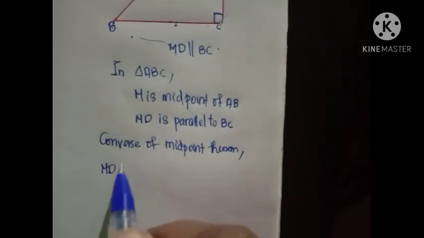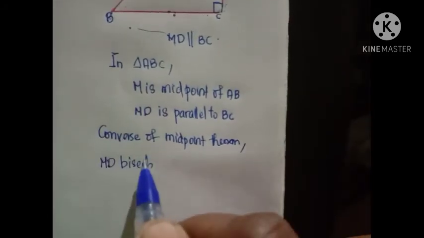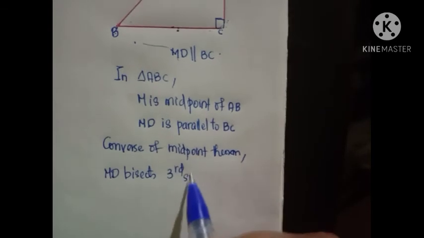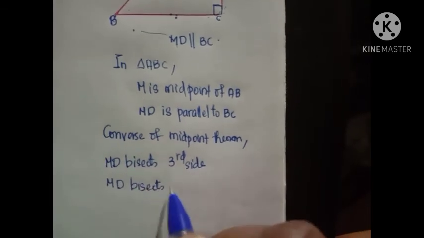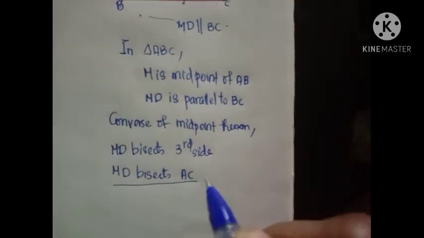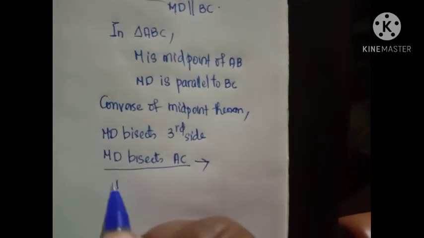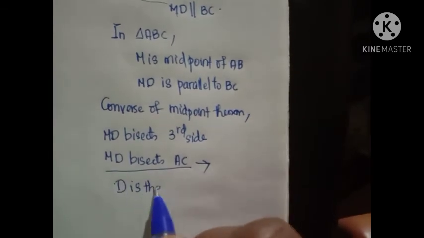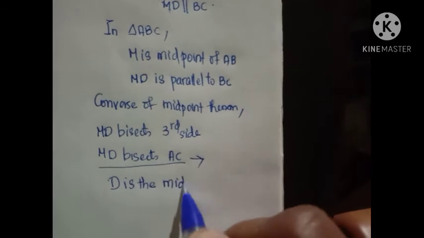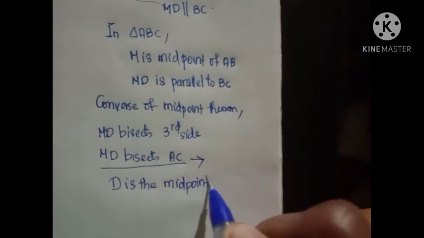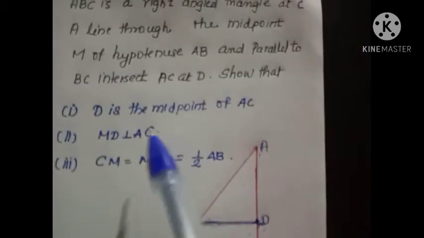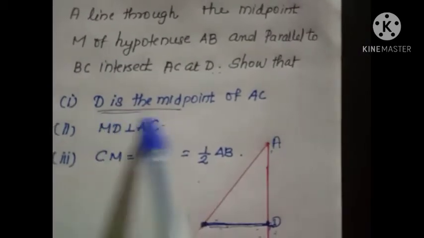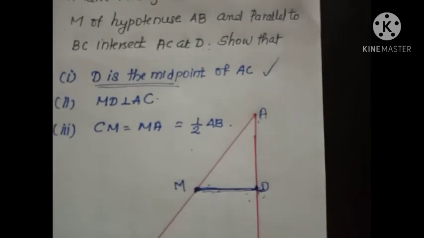The third side is AC. So MD bisects AC, which is the same as D is the midpoint of AC. So that's our first sub-question.